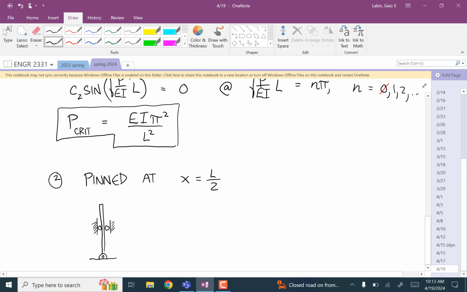So you can think of this either one of two ways. You can think of it as just pinned at the midpoint like this, or you can think of it as pinned at the midpoint and the top. It turns out the solutions are the same. So let me draw both of those.